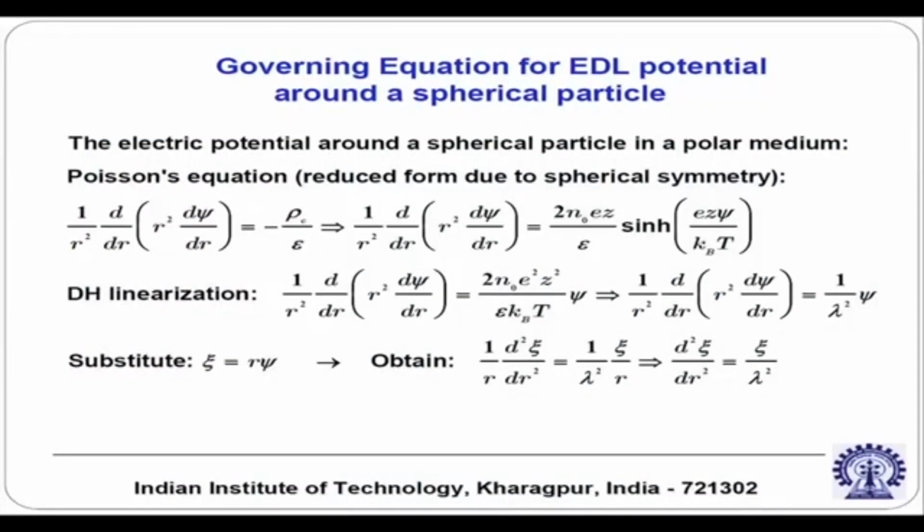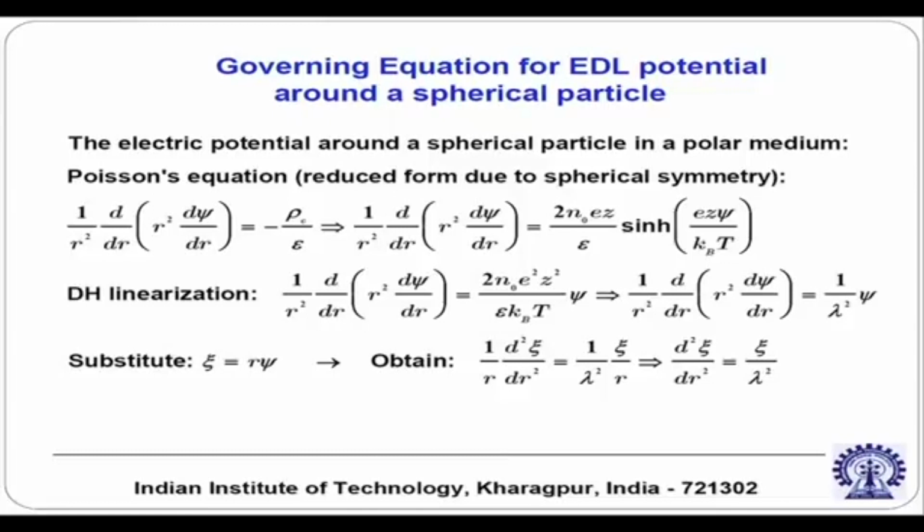In the previous lecture, we were discussing the electrical double layer potential distribution around a spherical particle. To summarize our findings, we solved the Poisson-Boltzmann equation with Debye-Huckel linearization, and for that we made a substitution.